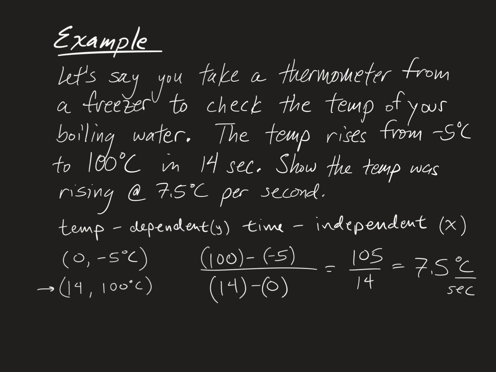Now, the natural mathematical part to this is, is this function continuous, the function of time and how the temperature changes with respect to that? And the answer is yes. The temperature doesn't just jump from -5 degrees Celsius to 10 degrees Celsius to 35 degrees Celsius and so on.